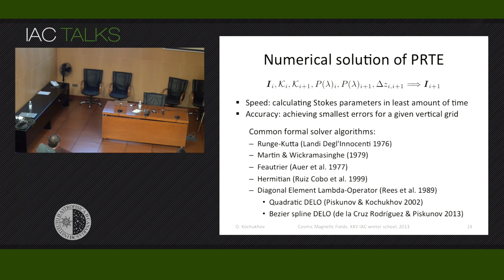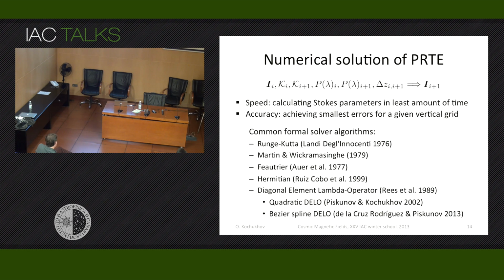We usually take what is given to us. So achieving smallest error for a given vertical grid, usually it's quite sparse. And of course speed, as I will show later, we often deal with the situations when we need to repeat these calculations of Stokes parameters over and over and over. So it's important that we have the most efficient algorithm available.